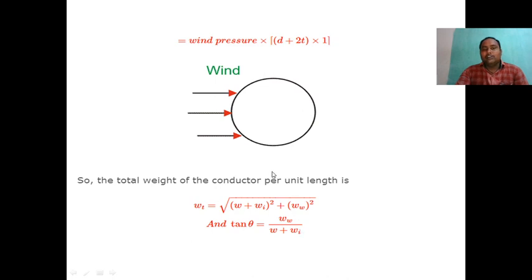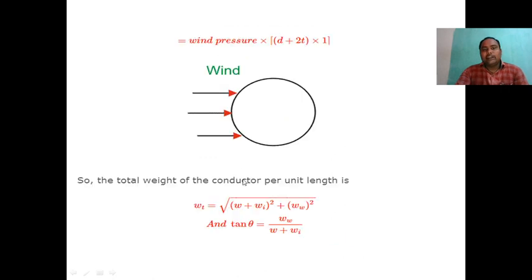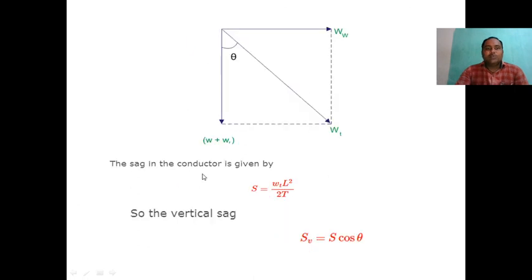How can we get this? See the vector diagram: this is the weight of the conductor, the weight of the ice coating, and the weight of the wind pressure. Theta is the angle between the total weight of the conductor and the weight of the conductor plus the ice coating. So we can find tan theta or theta: theta is equal to tan inverse of Ww by (W plus Wi).